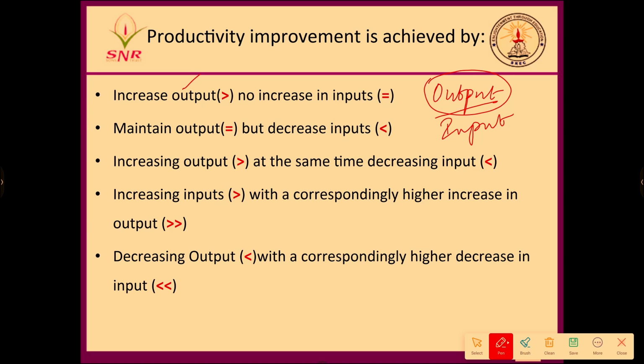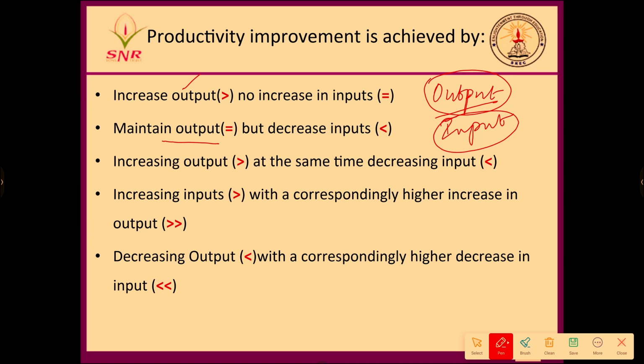The next is to maintain the output and decrease the input. It is easy to understand how we can increase the output, but it is a bit difficult to understand how you decrease the input. Wherever wastages are being done in the subsystems, if they are reduced, input is reduced, like waiting time, unnecessary movements, unproductive jobs, lifting of weights. All these things we can eliminate, so input gets reduced.